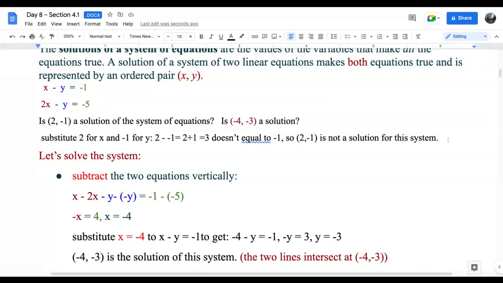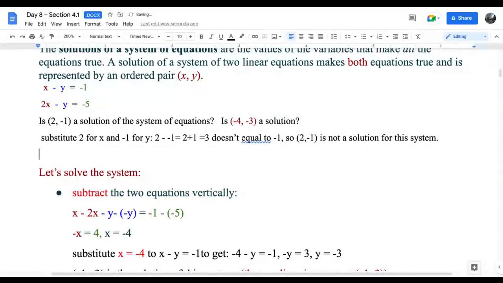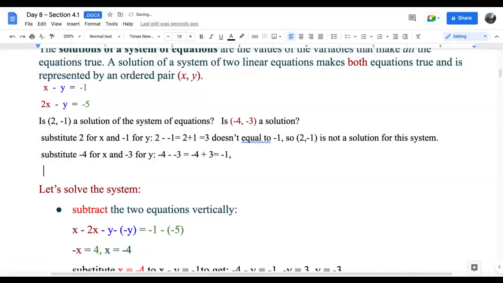Well, let's check -4 and -3. Substitute -4 for x and -3 for y. What do we get? -4 minus -3, that's -4 plus 3, indeed -1. Yes, it's true for the first one. Now let's see the second one.